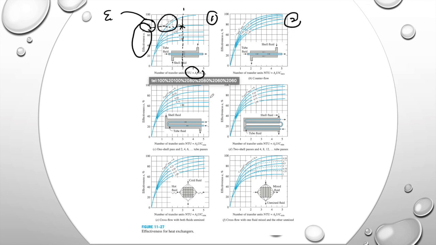This is for 1 shell pass, 2, 4, 6 tube passes, and if you have 2 shell passes and 4, 8, 12 tube passes, you will use number 4. If you have cross flow where both fluids are unmixed, you will refer to number 5, and the last one, number 6, is for one fluid mixed and the other unmixed.